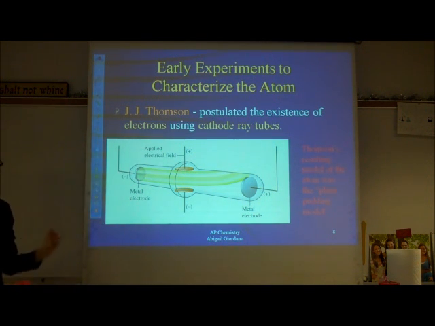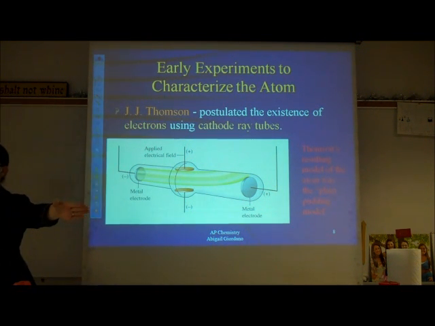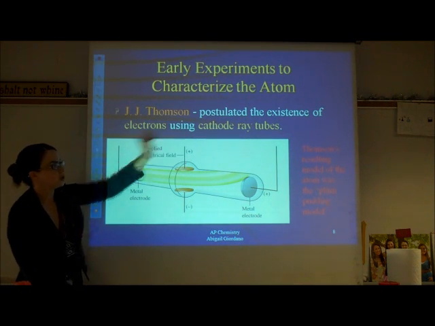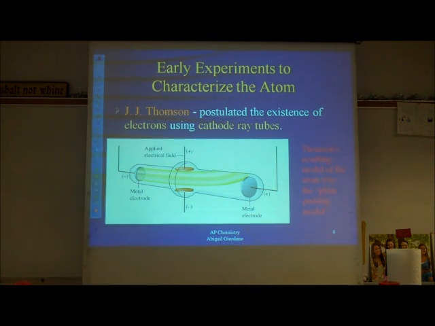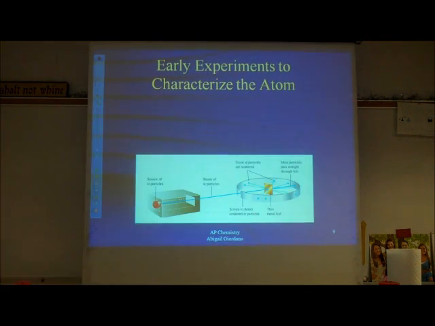And what he observed was that this beam of light did not go straight through. It was attracted to the positive plate. What does that mean about what's in the beam? Negative. That whatever's in that beam must be negatively charged. And as it turns out, this was just a beam of electrons.